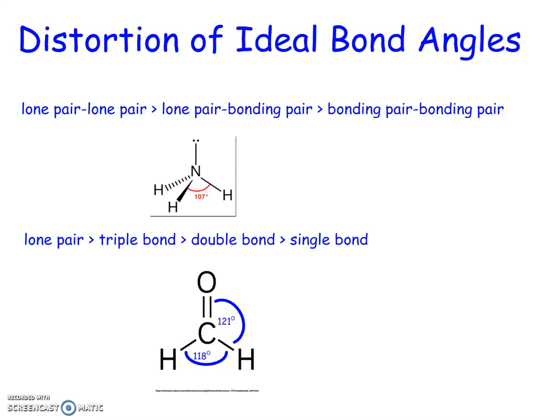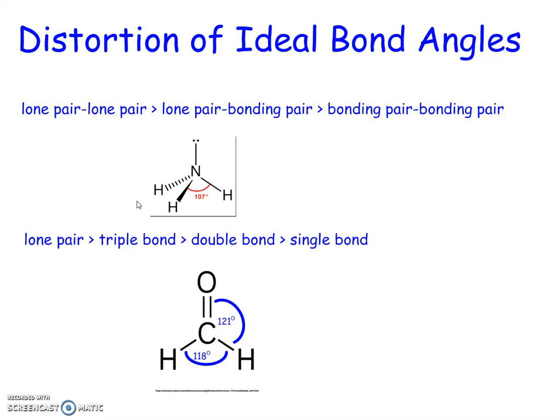So if I have lone pair interaction, so repulsion between 2 lone pairs, that's going to repel each other more than a lone pair will repel a bonding pair. And that will repel each other even more than 2 bonding pairs will repel each other.